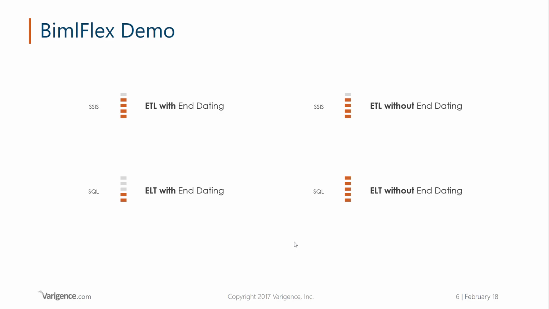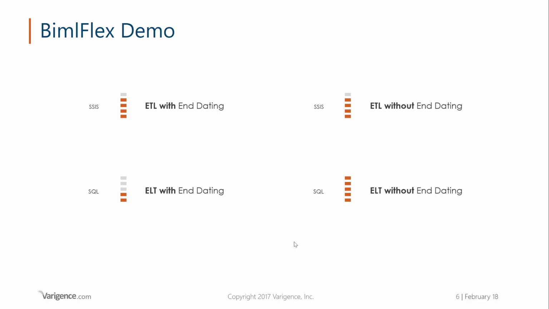So I have a table, and I've just used the sales order detail table from AdventureWorks LT. And I've made it a lot larger, 20 million plus rows, just so that we can get a rough idea of the time it takes for the indating in comparison to the rest of the load. So I'm going to build an SSIS package with indating. Then I'm going to show you how we toggle that off, and then I'm going to build an SSIS package without indating. I'm going to run all of those, and I'll give you the performance for that.